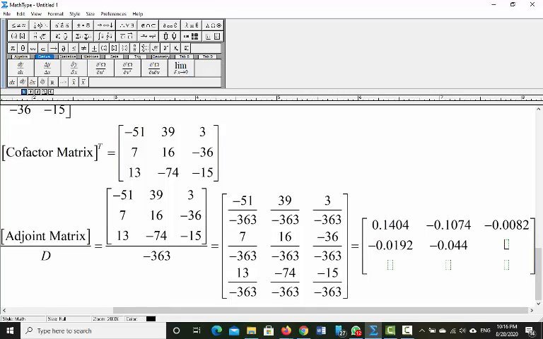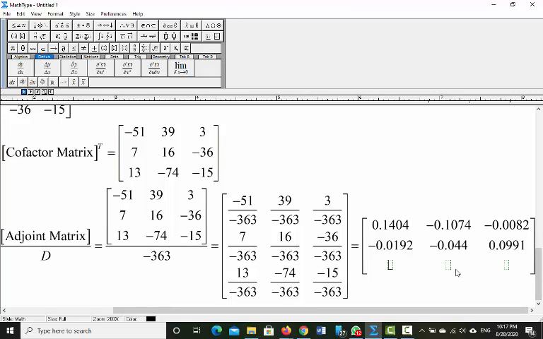Here minus and minus will cancel each other out. So we will divide 36 divided by 363, and what we will have is 0.0991. Next one.